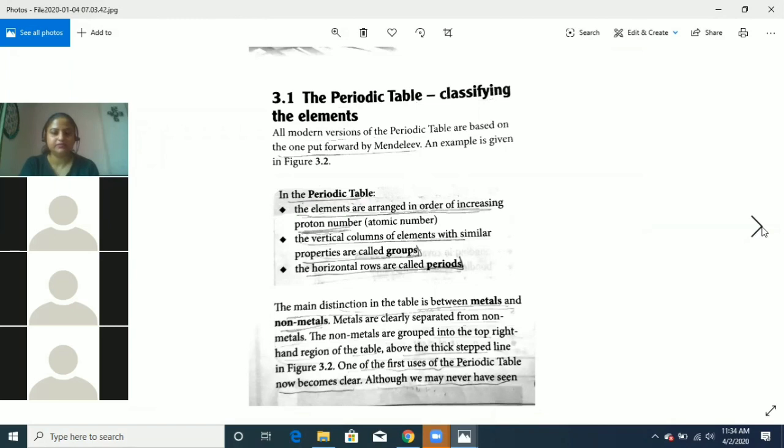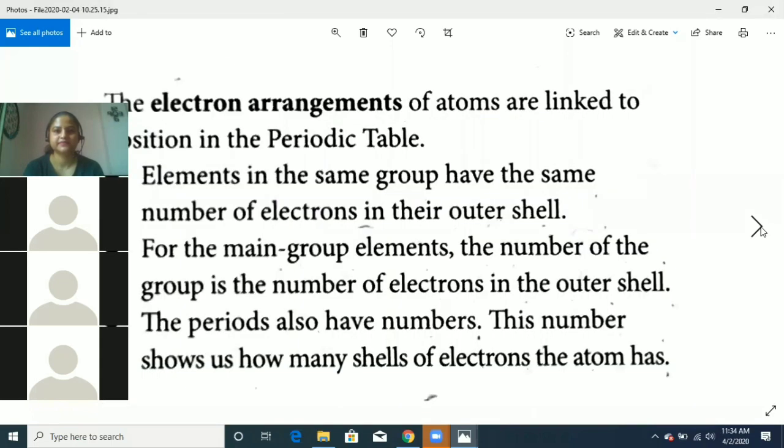And in the periodic table, we have metal, non-metal and metalloid, in which we have transition metal, alkali metal, inner transition metal, and in the non-metal we have halogens and inert gas group and the other non-metal elements.